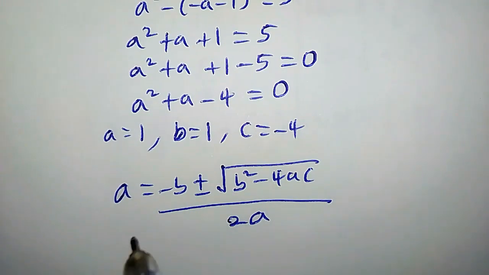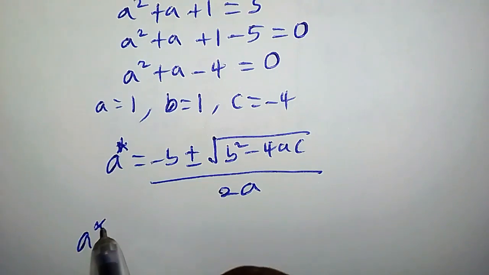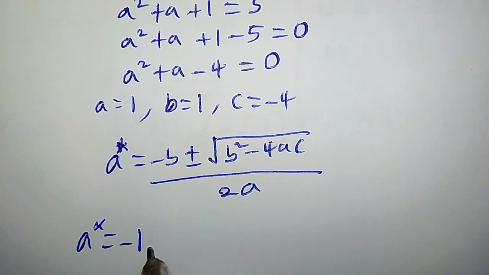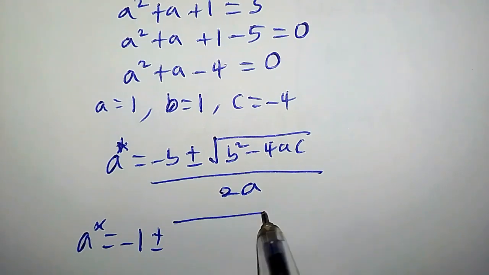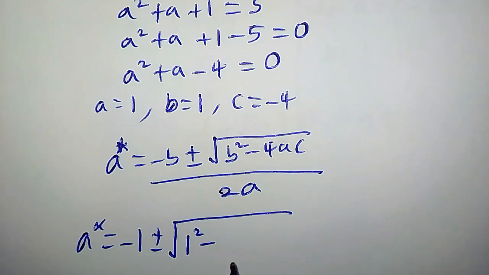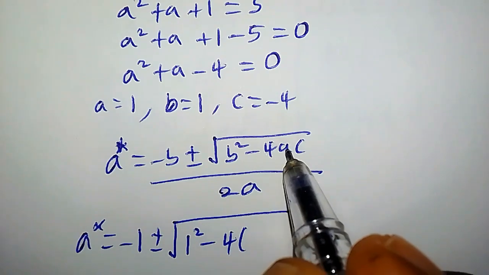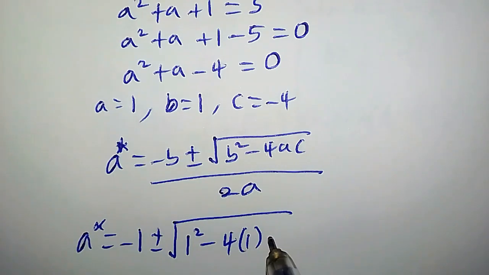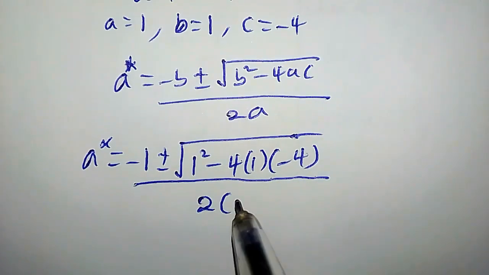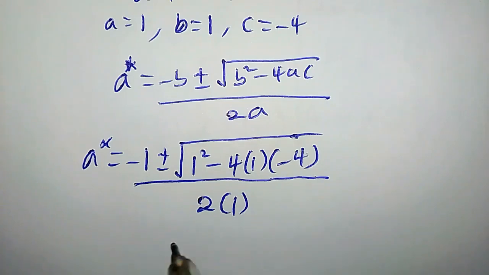Just to avoid confusion, let us call this A star. So, A star is equal to minus B, which is 1, plus or minus square root of 1 square minus 4 times A, which is 1, times C, which is negative 4, all over 2 times our A, that is 1.